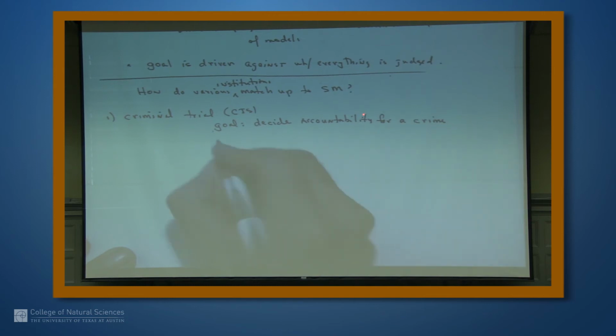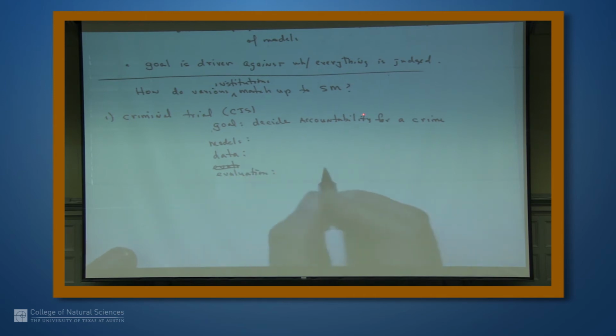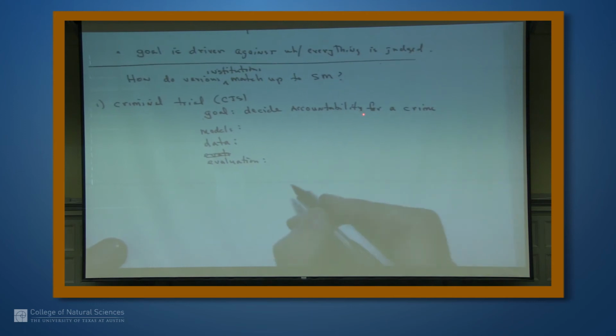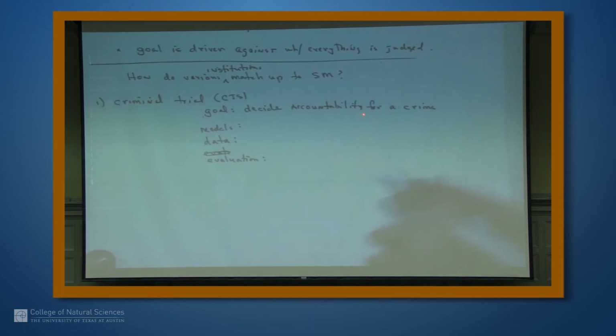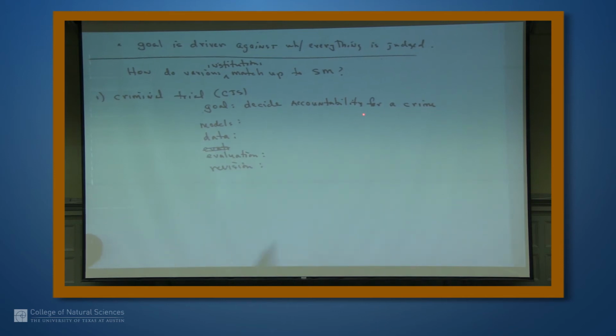What I want you to do is spend the next couple of minutes, put it in your notes, talk to someone, and try to answer which elements of a trial, and more broadly the criminal justice system, satisfy these four elements.